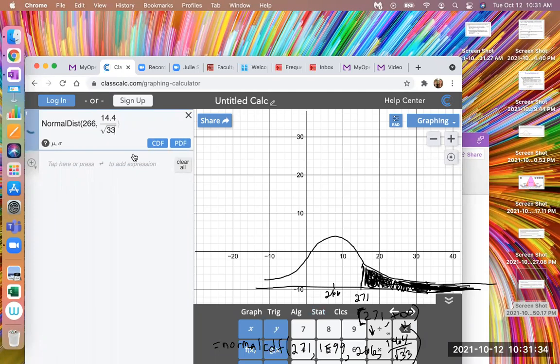Then I choose CDF because it's over a region, and ours is from 271 to positive infinity. So the lower bound is 271, and the upper bound is positive infinity. It's telling me that the probability is 0.0230. I don't know how many decimal places they wanted, but 0.023.